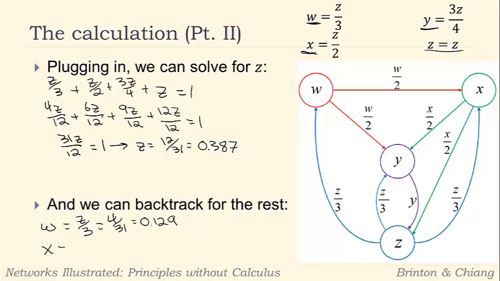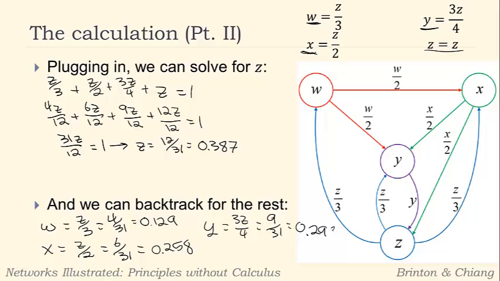We have x equals z over 2, which is 6 over 31, which is 0.258. And we have y equals 3z over 4, which is 9 over 31, which is 0.290. So now we can easily rank these. We see that z is the most important with 0.387, followed by y, then followed by x, and then followed by w.